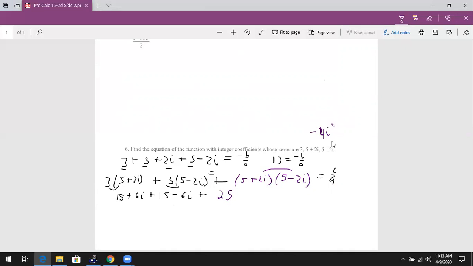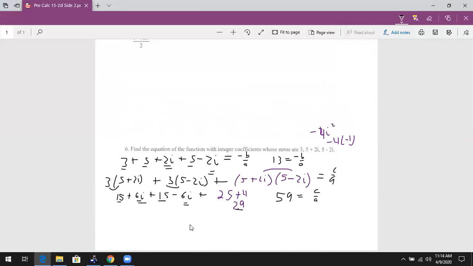Remember, i squared is -1, so negative 4 times -1 becomes positive 4. 25 plus 4 is 29. So that's what those two will turn into. Now, when we combine like terms, 15 and 15 is 30 and 29 is 59. And the i's drop again. So 59 is c over a.